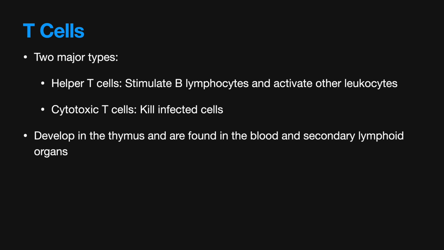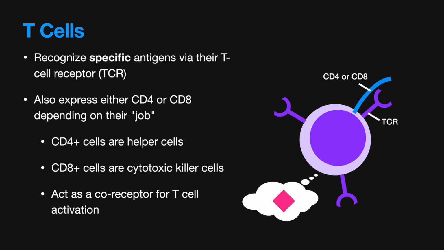There are two major types of T cells. Helper T cells stimulate B lymphocytes and activate other leukocytes. Cytotoxic or killer T cells kill infected cells that the immune system identifies. These cells develop in the thymus before migrating into the blood and secondary lymphoid organs. T cells recognize specific antigens via their T cell receptor.